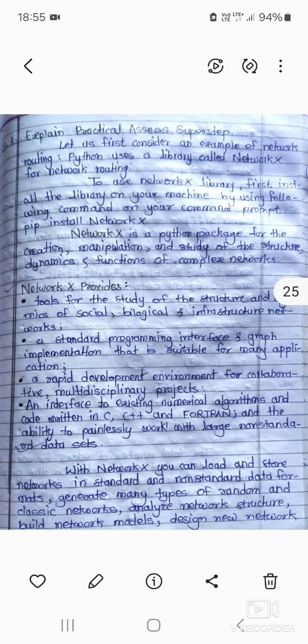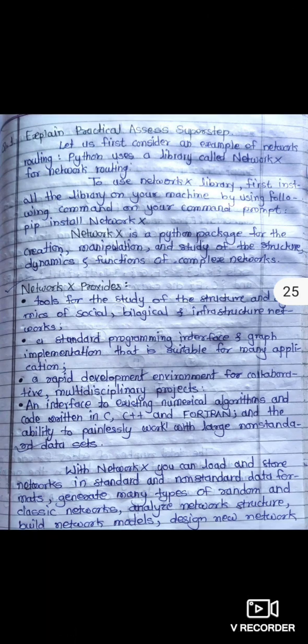An interface to existing numerical algorithms and code written in C, C++, and Fortran, and the ability to painlessly work with large non-standard datasets.